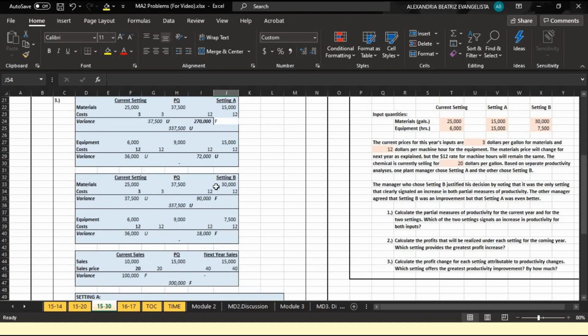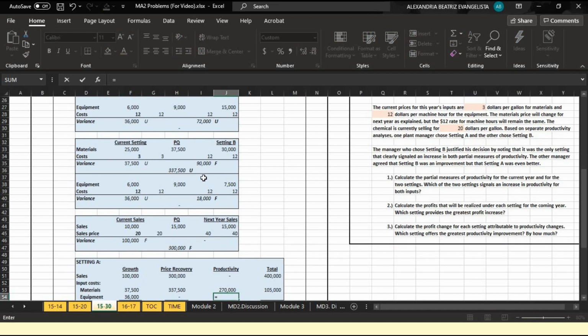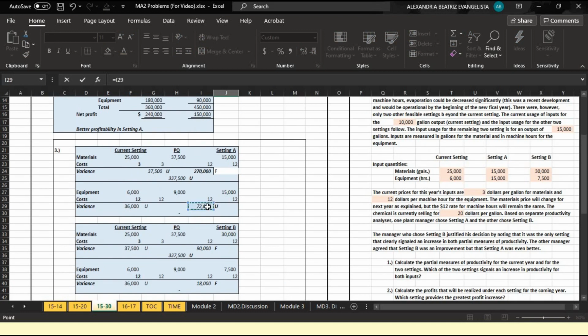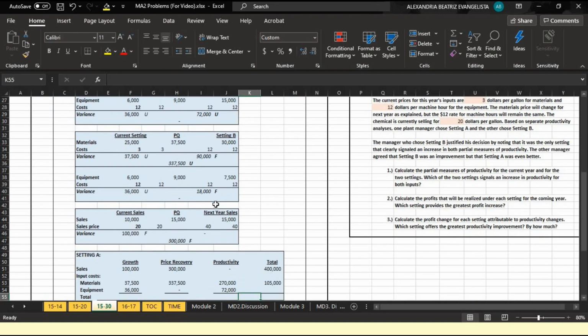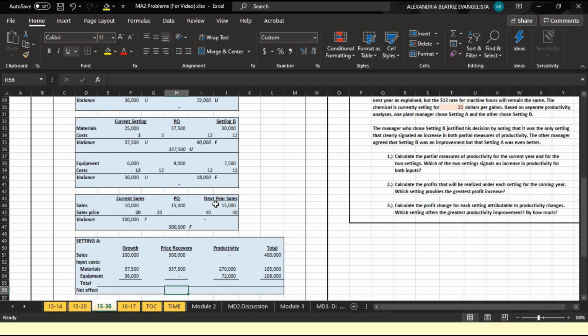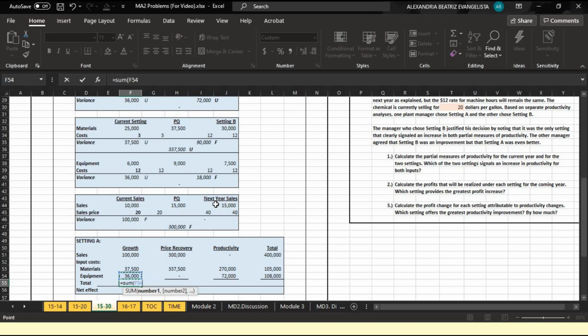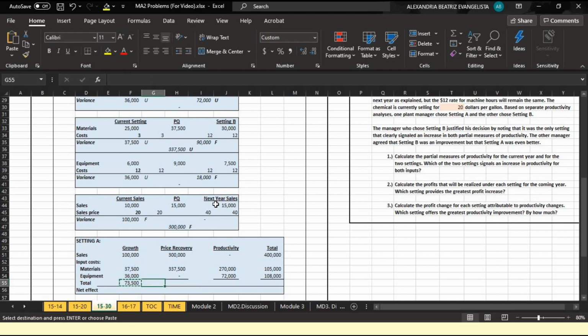And for productivity, that is 72,000 unfavorable, and that would give us 108,000 unfavorable. Let's get the total of the variances for the inputs. And there you go.